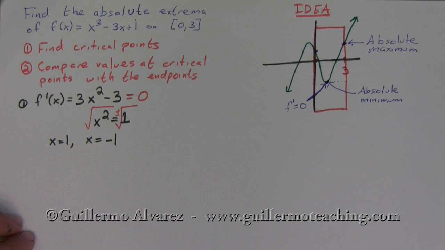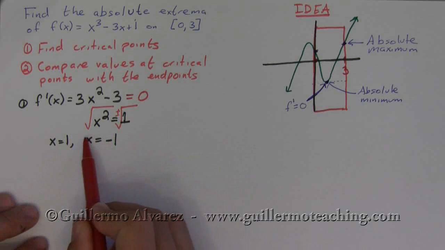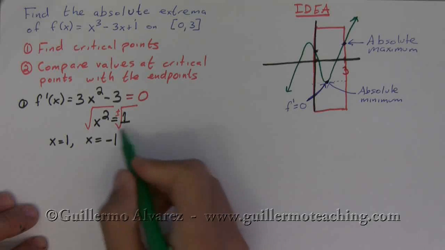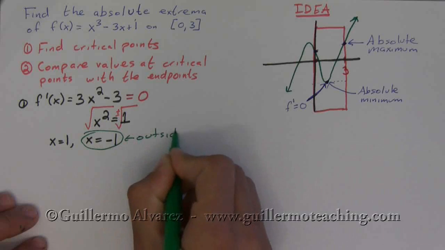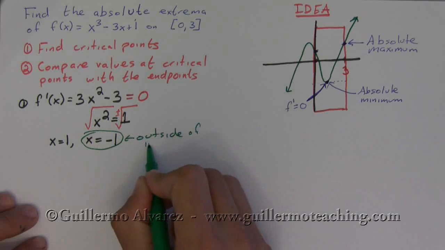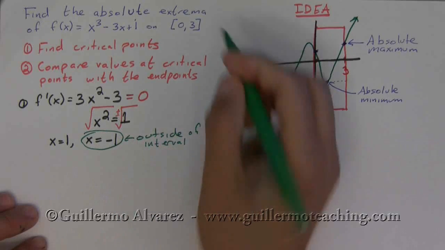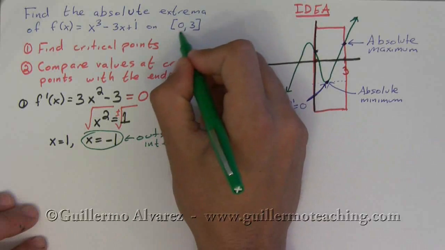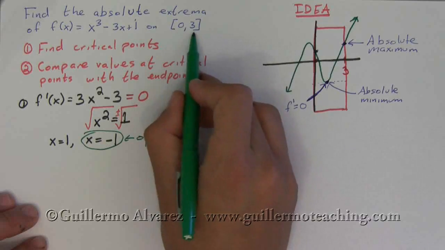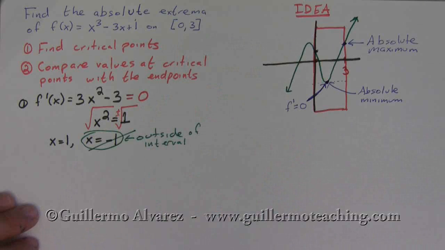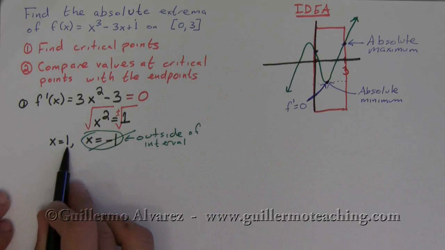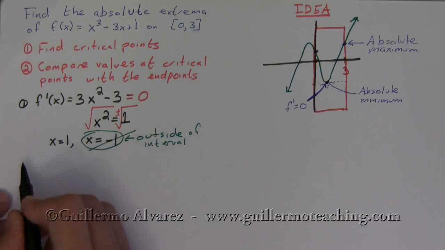Okay, but notice that this one, negative 1, is outside of my interval, because it only goes from 0 to 3. So this one I don't really have to check this time around. Okay, but I do have to check the value at 1, so let's do that.